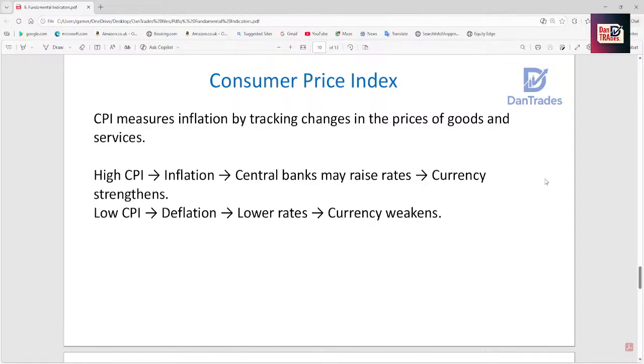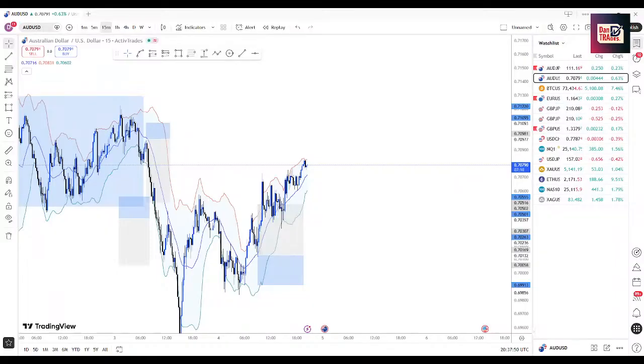So let's use the USD for example. Imagine CPI comes out high, inflation rate is high, rates go up, and now the currency is strong. Any pair that has USD as the base will go up. Now imagine this pair, which has USD as the quote.